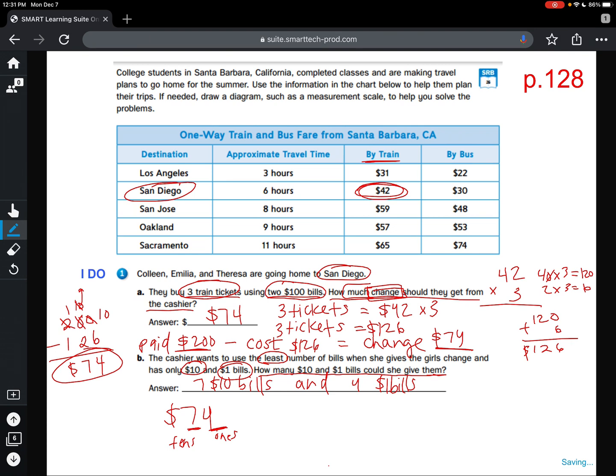That part's pretty simple, isn't it? I just looked at my digits in each place value and went from there, since they wanted us to use $10 bills and $1 bills. So 7 $10 bills and 4 $1 bills would be the least number of bills she could give them to give them the correct change back. So go ahead and pause your video and copy all of this down. Your work should match what's on my screen.